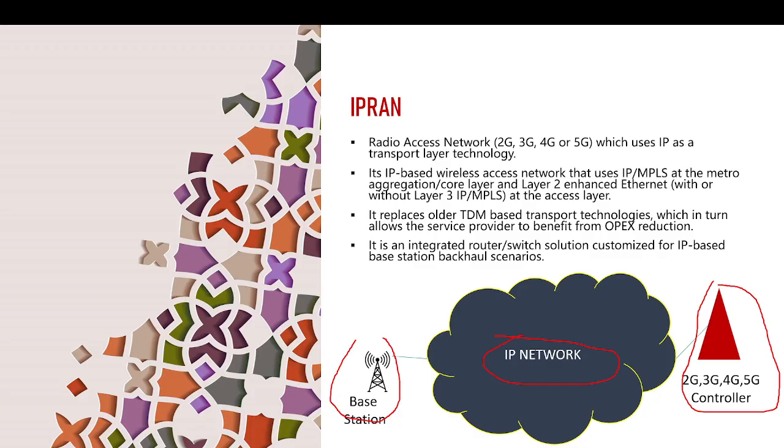Like DWDM, we are doing around 800G, even terabits. We are doing 200G, 400G in the metro. For TDM, SDH and E1s, I've never encountered such high capacities. But of course, you can research about them and get to know more about these older technologies.